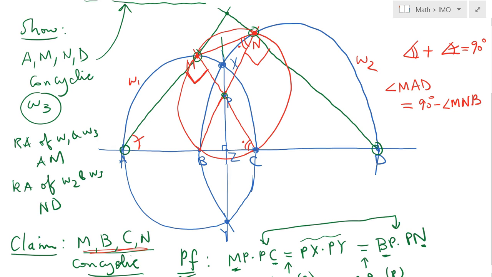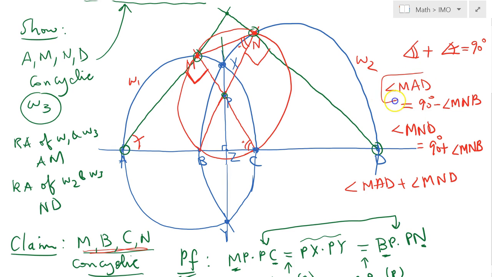On the other hand, we just proved also that angle MND is equal to 90 degrees plus angle MNB. So combining these two results, angle MAD plus angle MND is simply equal to 90 plus 90, which is 180. Minus MNB plus MNB, they cancel out, and boom.